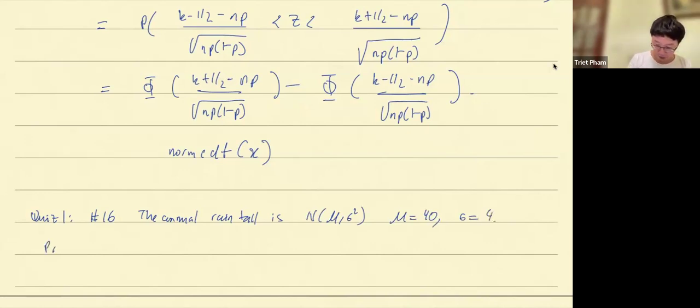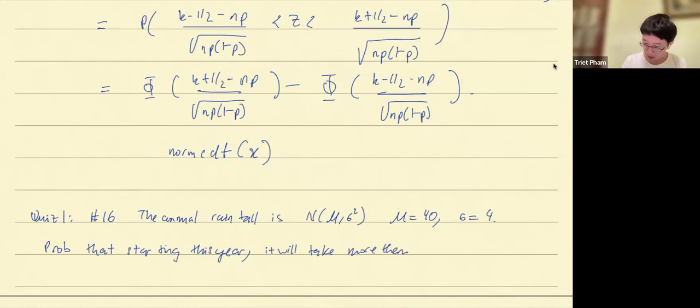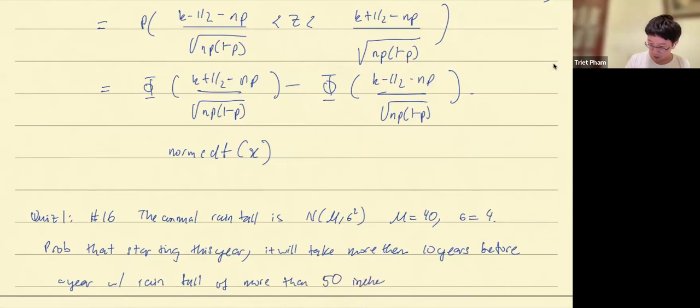What's the probability that starting this year, it will take more than 10 years before a year with rainfall of more than 50 inches?